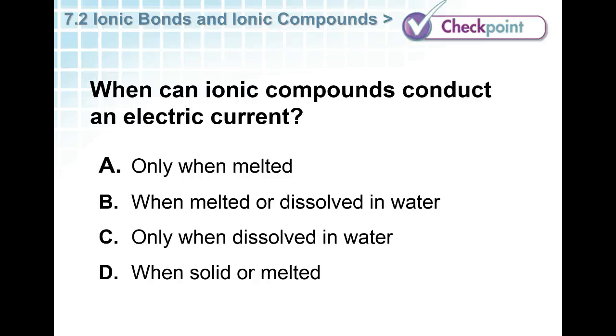So now, when can ionic compounds conduct an electric current? Is it when they're melted? When they're melted or dissolved? Only when they're dissolved? Or when they're solid and melted? Good, you're paying attention. B, when they're melted or dissolved.